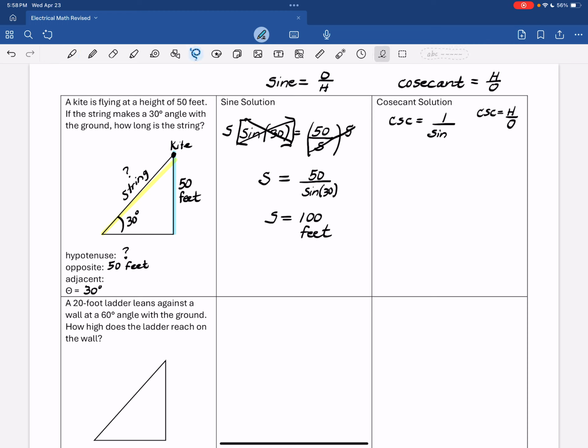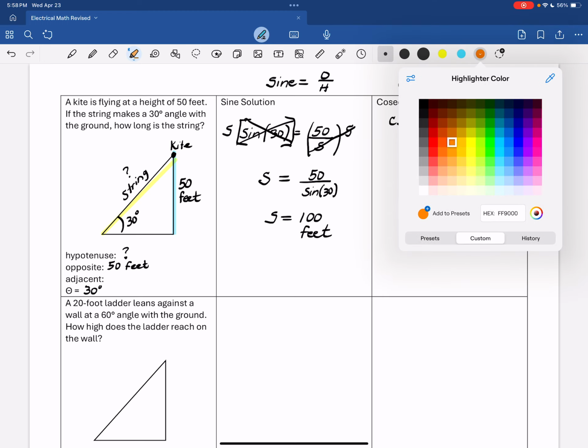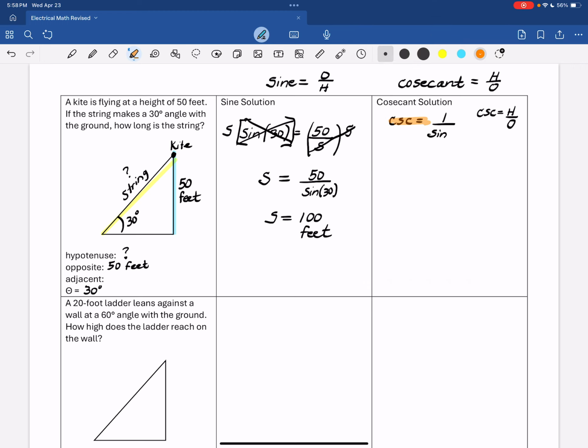So we're going to use those two formulae. And let me just make a copy of these. Actually, let me highlight it first. I need these two pieces of information to solve these problems. And in your electrical courses, you're going to use sine and cosecant.